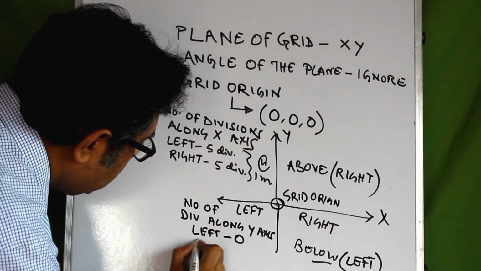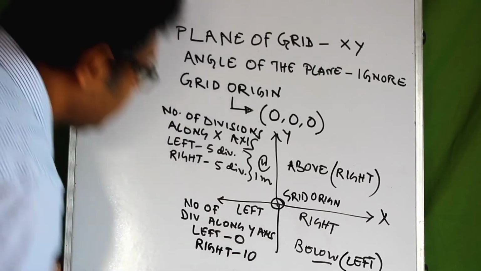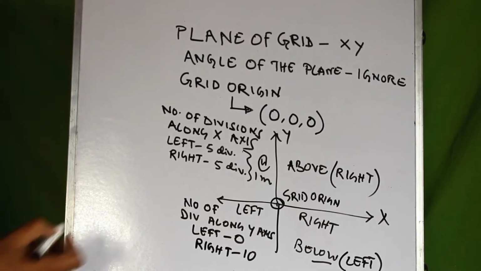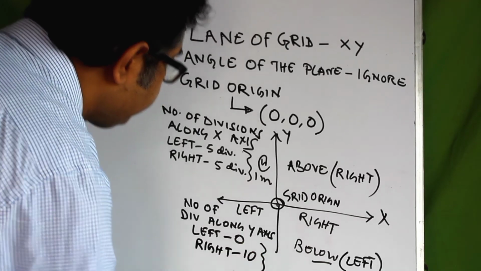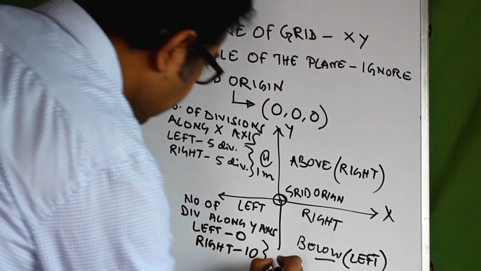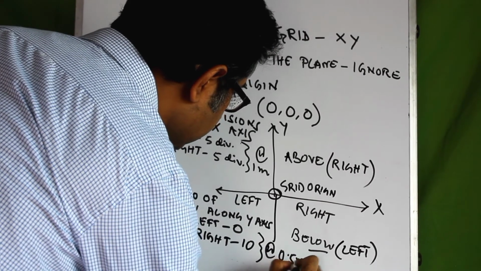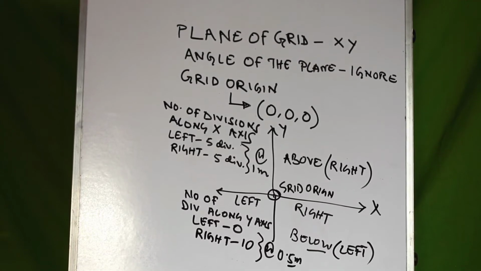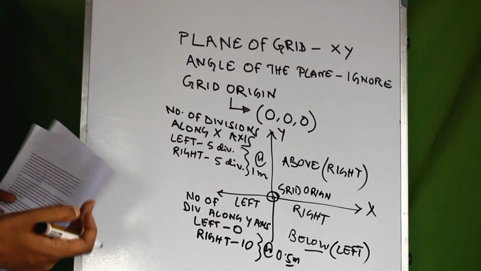So for right we will have 10 divisions, and the spacing that we want to give for these divisions would be at the rate of 0.5 meters.